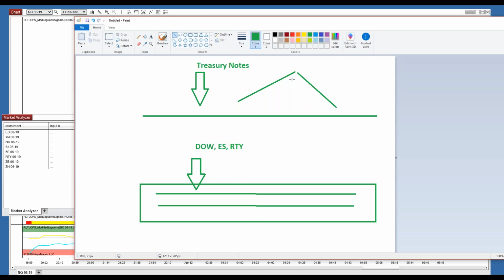And what that does is tell you the direction of institutional money. Institutional money is moving out of stocks and into treasury notes and treasury bonds. So some of the correlative markets in the quant lines are supposed to go down to signal when our financial instrument is going to move up.